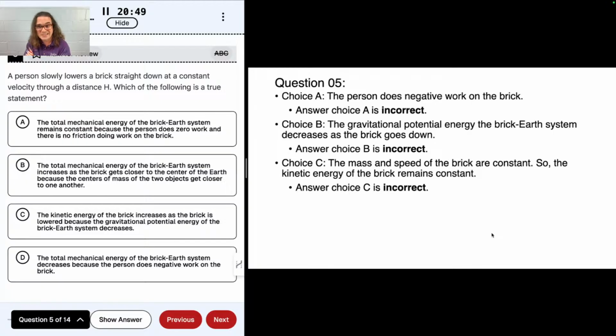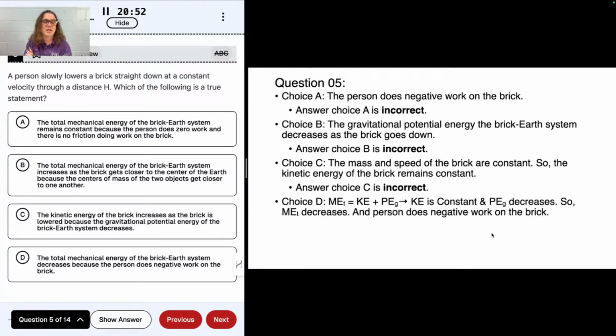So answer choice C is incorrect. Choice D, the total mechanical energy equals the kinetic energy plus the gravitational potential energy. Because the kinetic energy is constant and the gravitational potential energy decreases, that means that the total mechanical energy decreases and the person does negative work on the brick. So answer choice D is correct.